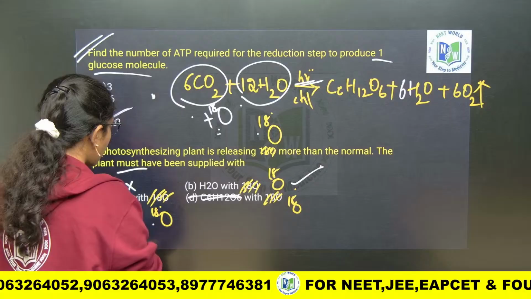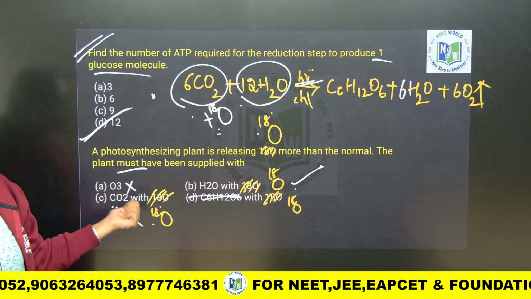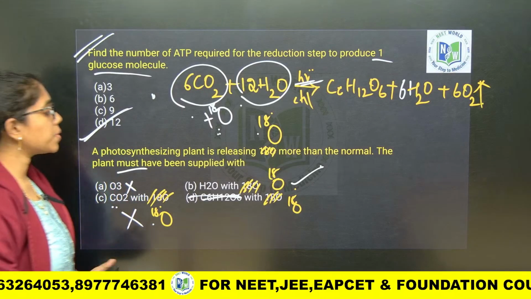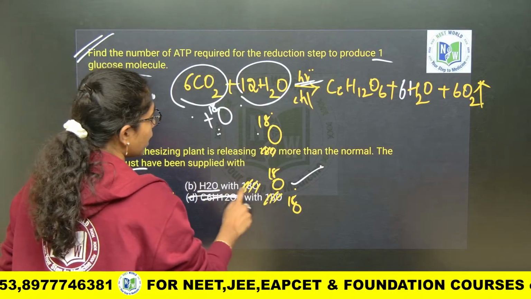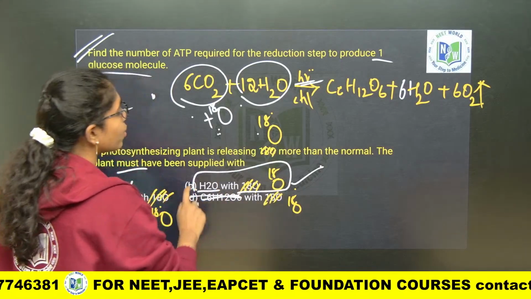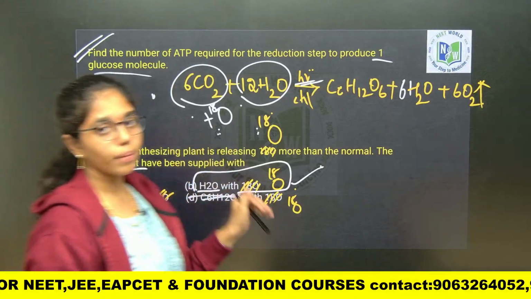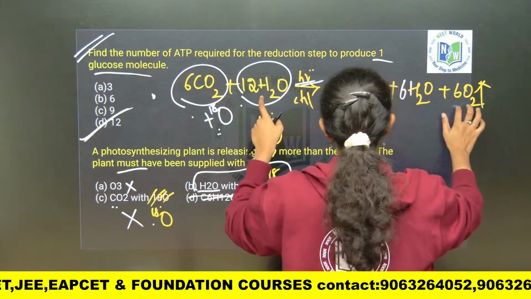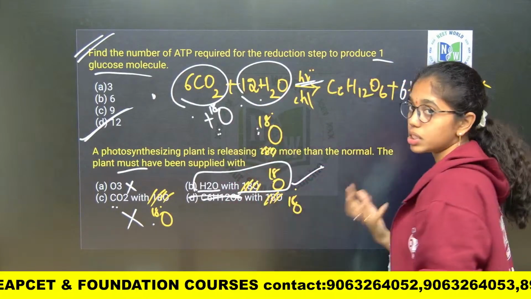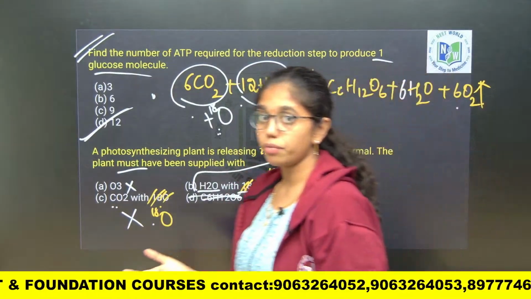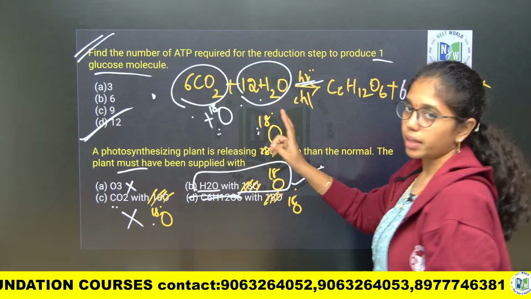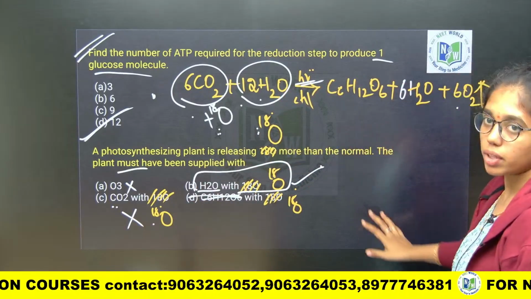So what option do we have to choose? Water and O18, then only you can see this type of isotope in the end products, as the normal oxygen evolved as a byproduct of photosynthesis comes from water. Clear? So this is about this question.